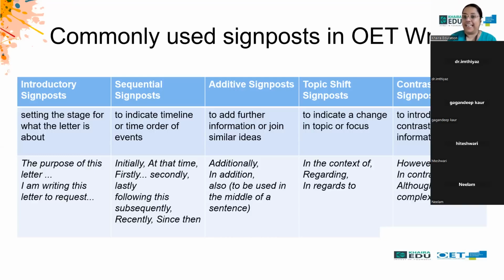Then comes the second category, sequential signposts. What are these? These are usually used to indicate when a particular action happened, or they help you in specifying the timeline of events that have happened in the patient's life. In the letters that you might have written by now, in many cases you must have seen that there are multiple visits from the patient, and there are specific actions that have happened in those visits.